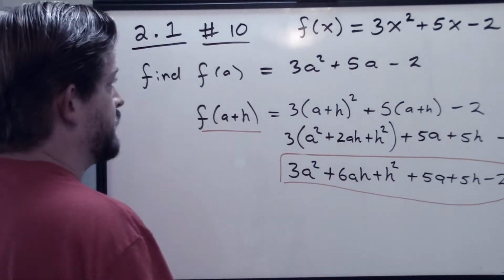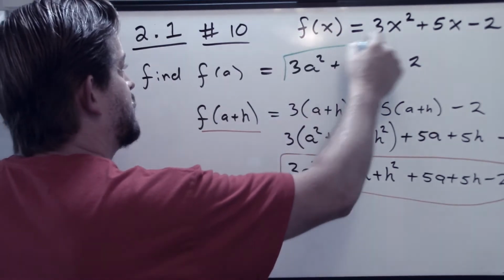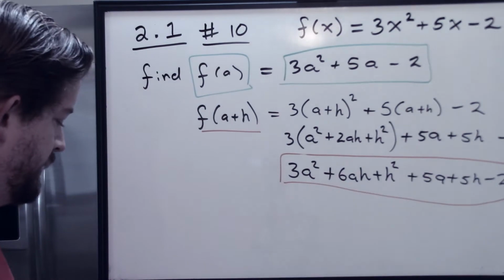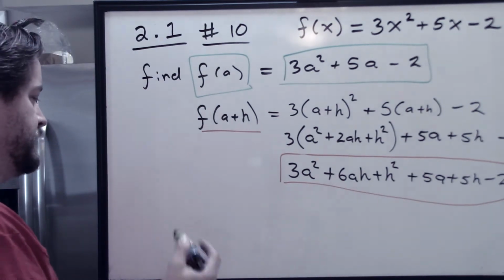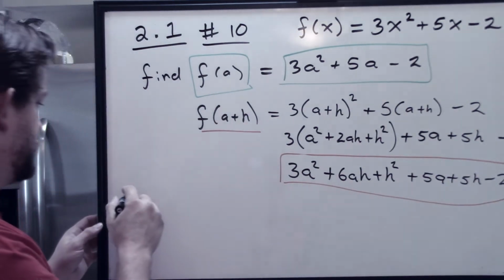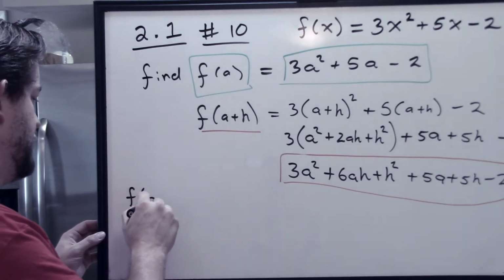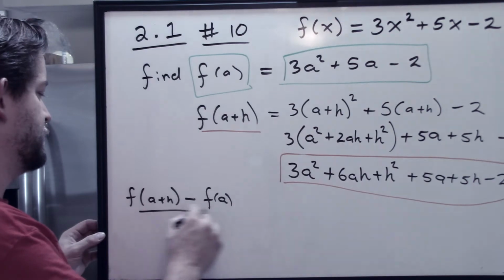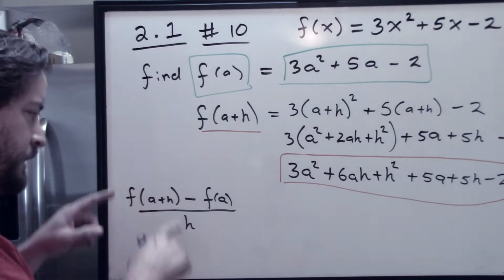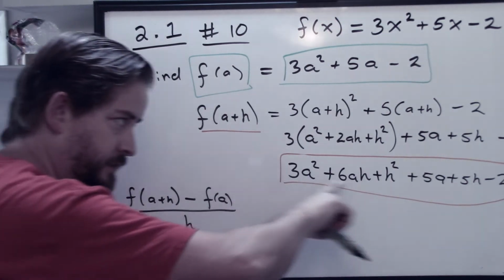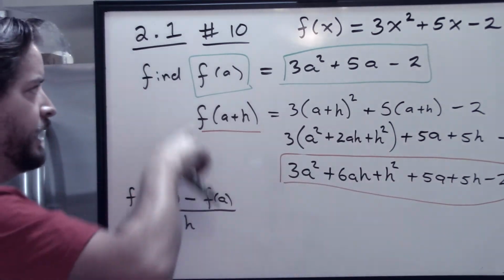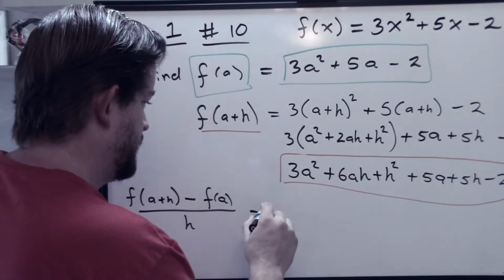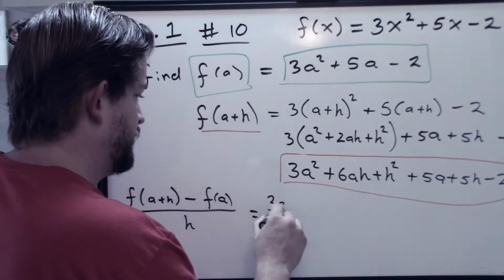And this is f of a. Right? In the difference quotient, they're asking us to put f of a plus h minus f of a all over h. But f of a plus h is this, right? And f of a is this, so that is to say I have this expression. I have to write it kind of small here. I hope you can still see it.